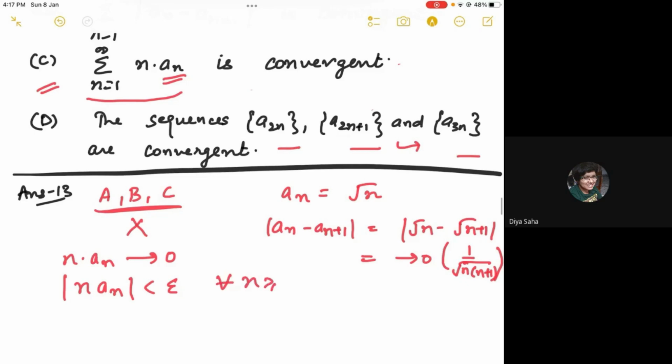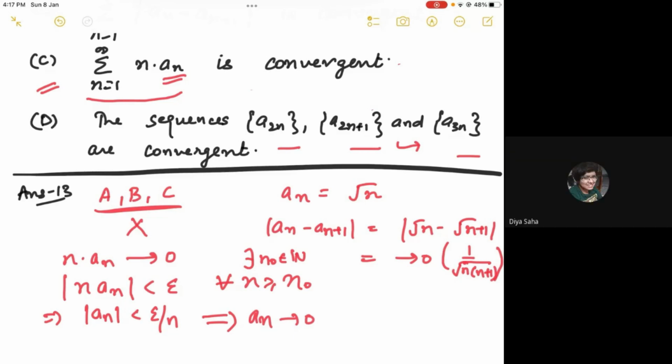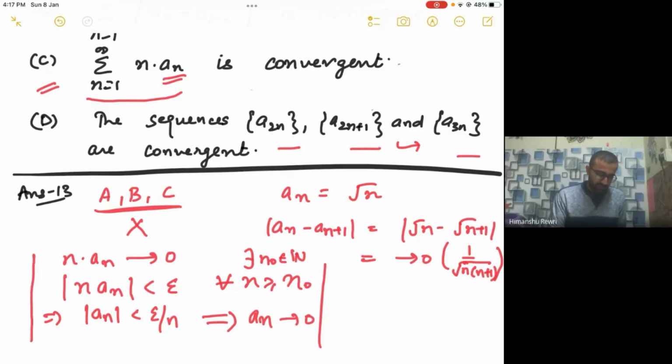So a_n converges to 0. We can say that a_n is convergent. This is what you said. Yes. So is there any issue in this argument?